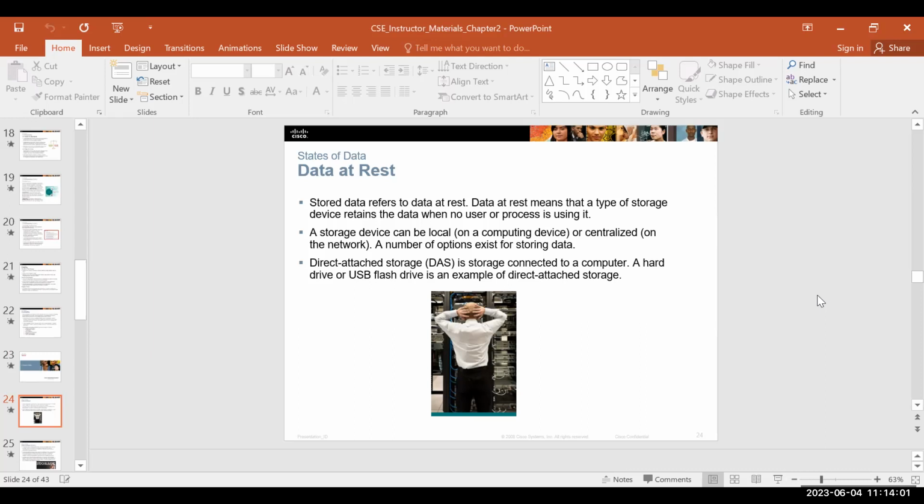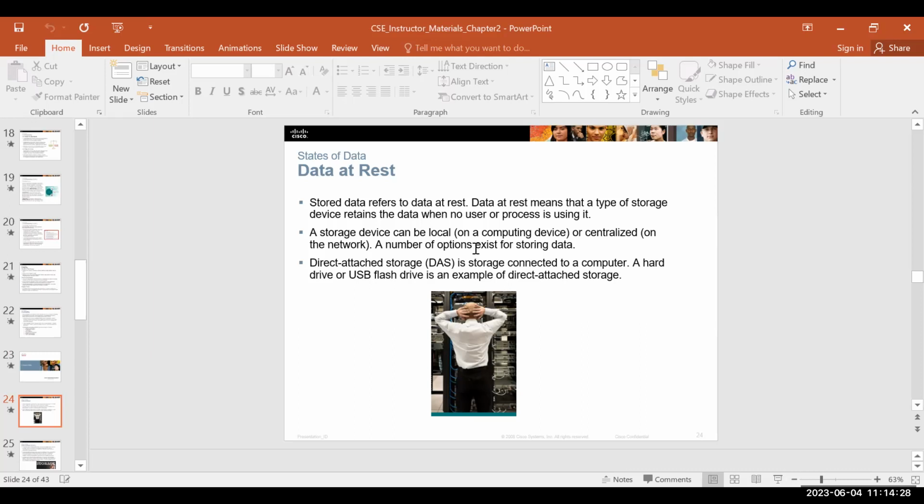A storage device can be local on a computing device or centralized on the network. A number of options exist for storing data. A storage device can be local, that is on a computing device.